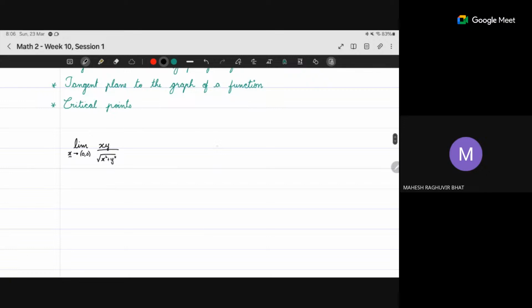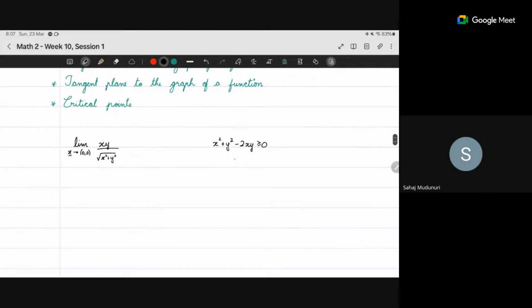It should follow, but let us just look at this thing. This x square plus y square minus 2xy is always going to be greater than or equal to 0. So xy.